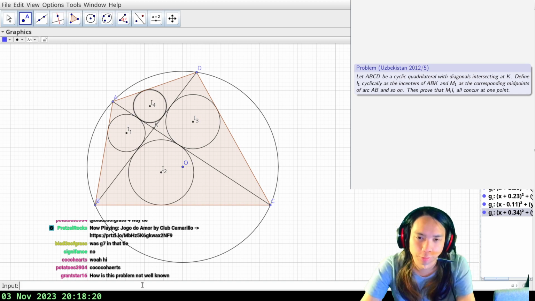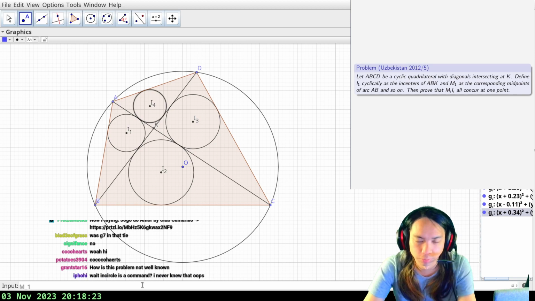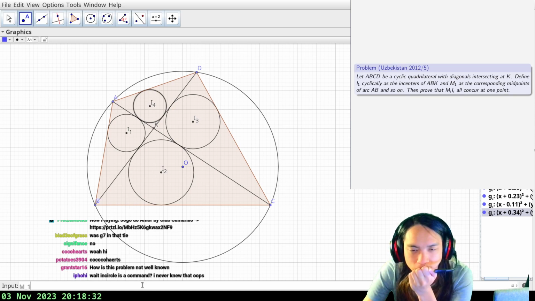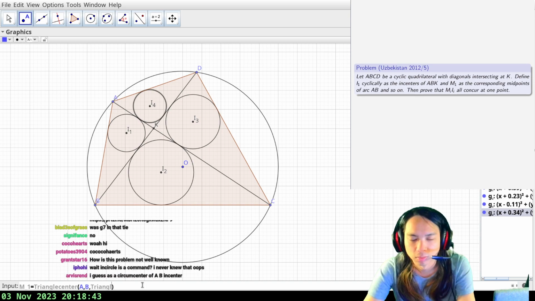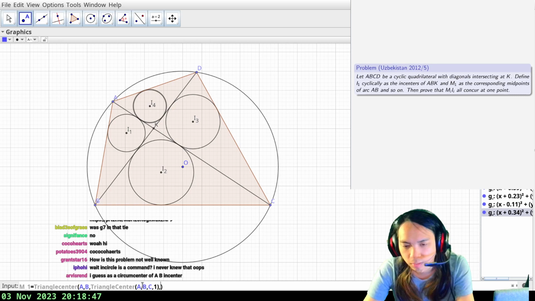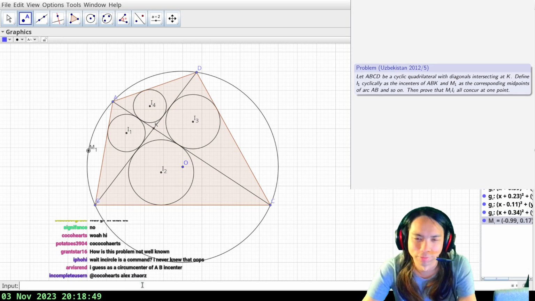And then we have the random arc midpoints, right? So also the arc midpoint. Oh god, how do you draw the arc midpoint? This is a really convoluted way to construct it. Alright, that's fine.